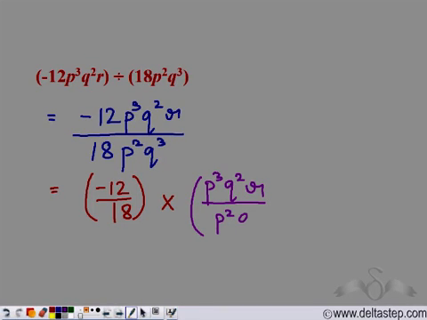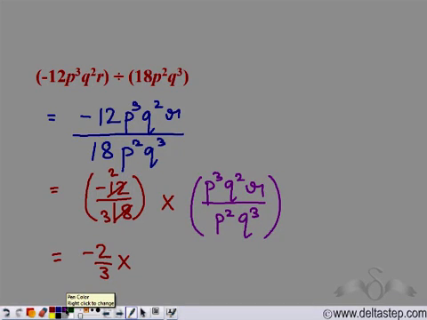So we place a multiplication sign. Negative 12 divided by 18: 6 2s are 12, 6 3s are 18. So we get negative 2 by 3 into.